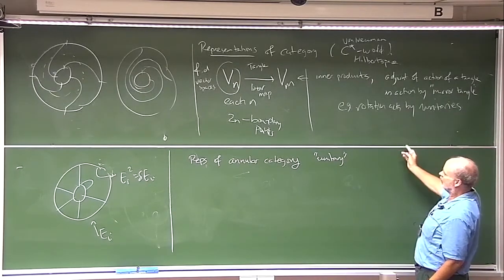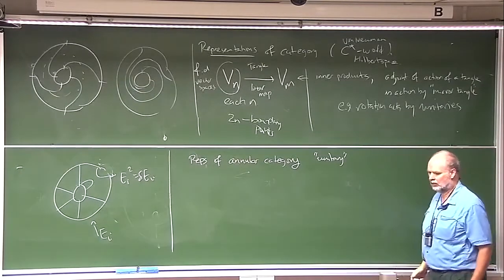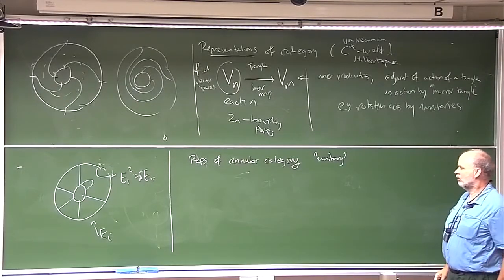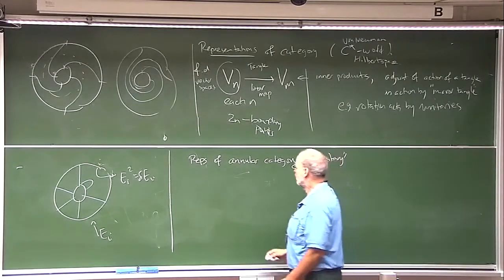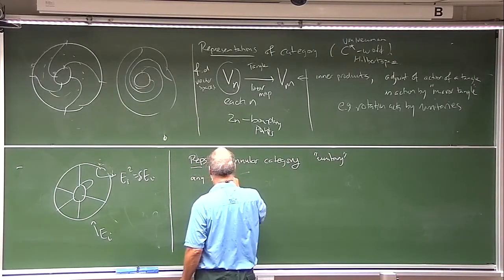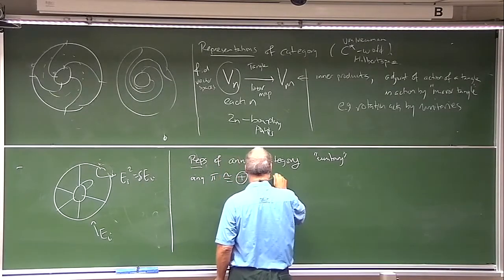That means that we have positive definite inner products on all the vector spaces, and for the tangles, the adjoint of the tangle is the mirror. If that's true, then any representation pi is equal to the direct sum of irreducibles.